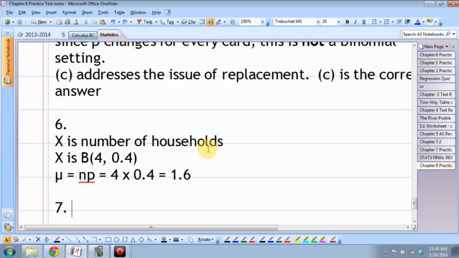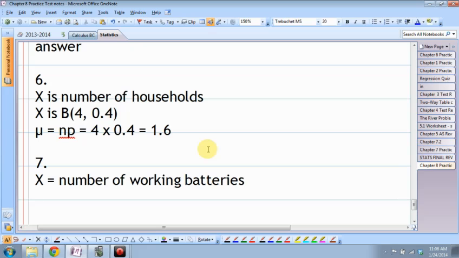Okay, 7. The probability that a 3-year-old battery works is 0.8. A cassette recorder requires 4 working batteries to operate. The state of the batteries can be regarded as independent, and 4 3-year-old batteries are selected for a cassette recorder. What's the probability that the cassette recorder works? So X is equal to the number of working batteries, right? So that means X is a binomial distribution.